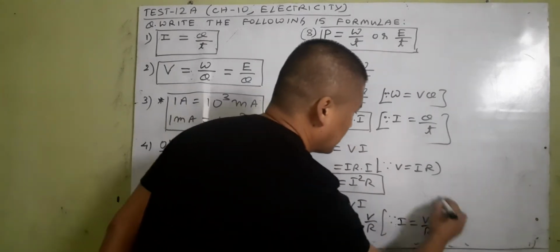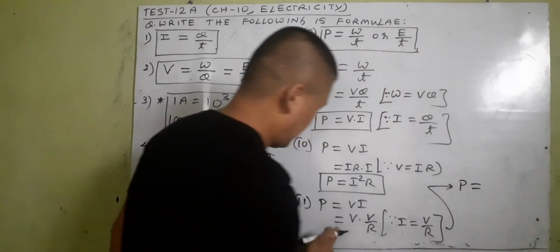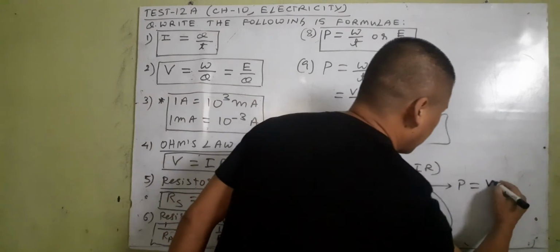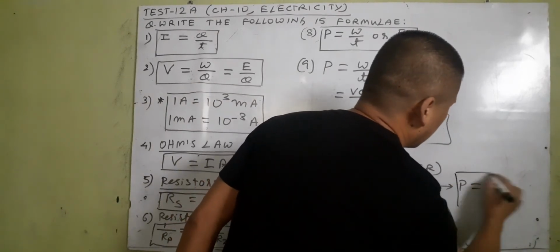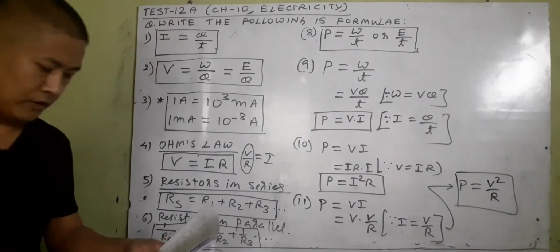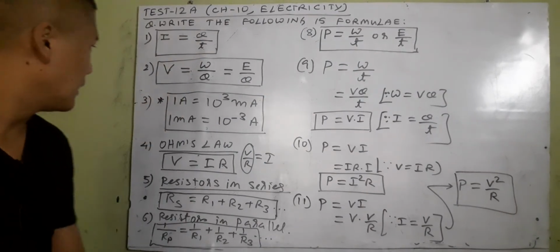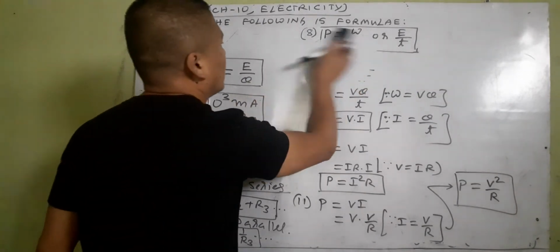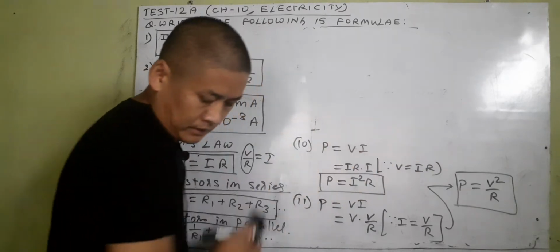So that will give you P = V into V by R, that is V²/R. So this is the next famous equation for power, number 11. Then let us go to 12. The rest are quite easy, I think.